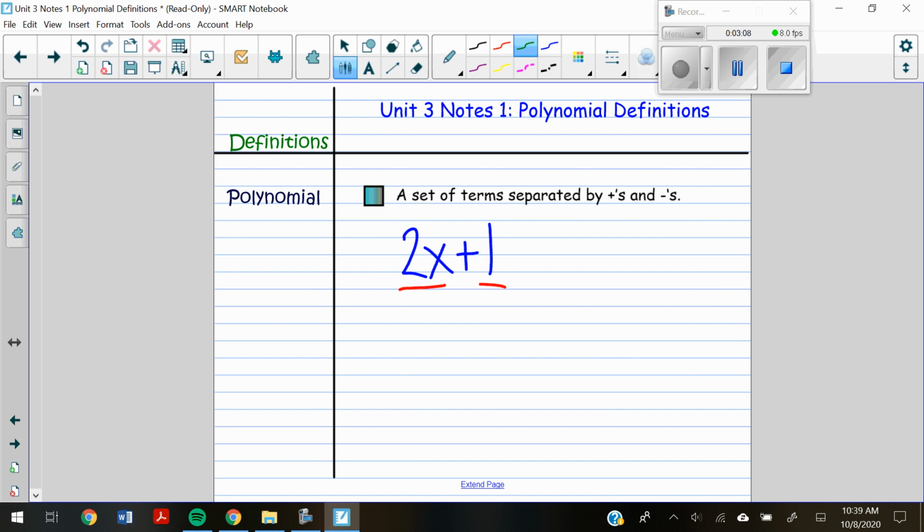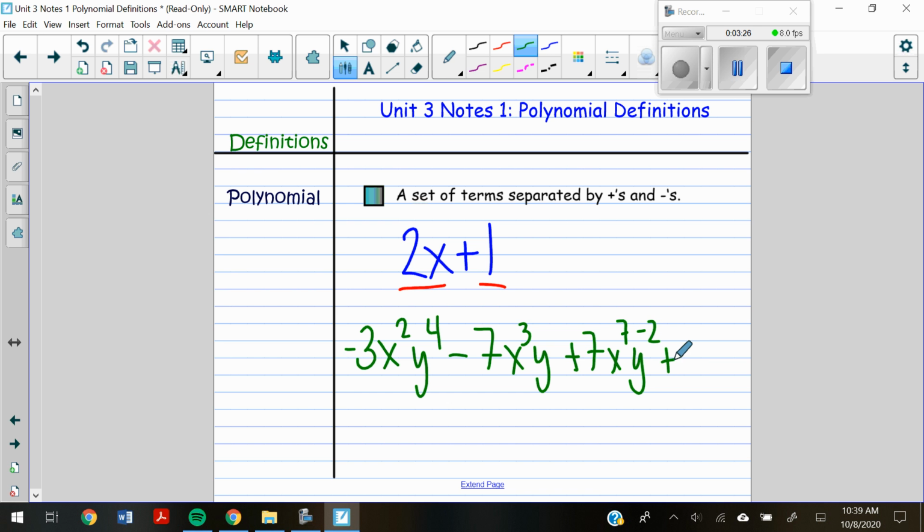Okay, we could have long polynomials, like negative 3x to the second y to the fourth, minus 7x to the third y, plus 7x to the seventh y to the negative second, plus 12. Polynomials have many terms, and they're separated by pluses and minuses.